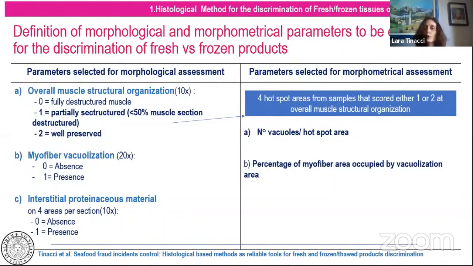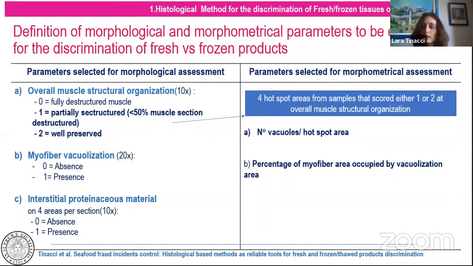About the selection of morphological and morphometrical parameters, so countable and measurable parameters. First of all, we selected the ones describing the morphological macroanatomy of the tissue, represented by the overall muscle structural organization, the myofiber vacuolization, and the presence of interstitial proteinaceous material, which were already well described in previous studies.